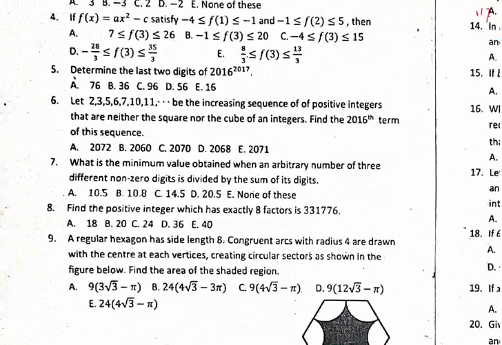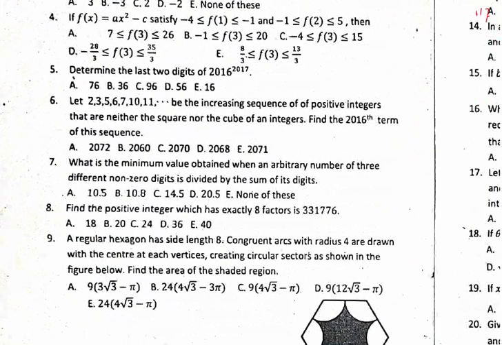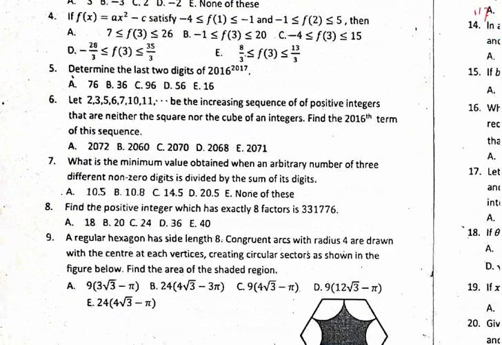When you have some of these questions, 2016 raised to power 2017, we need the last 2 digits. You should know that the major concern is the last 2 digits here.